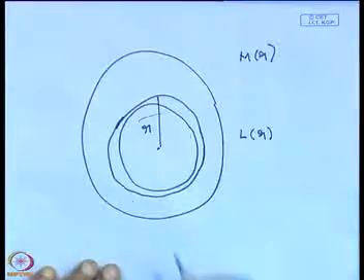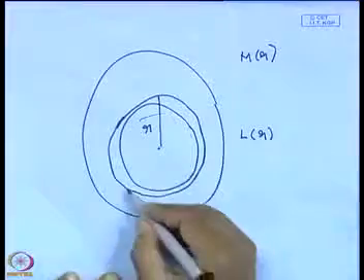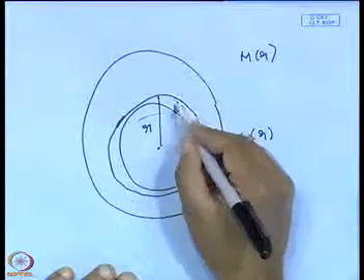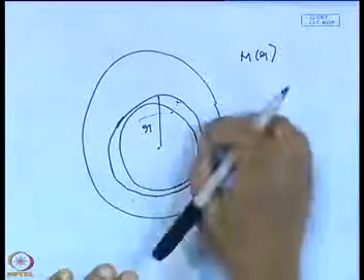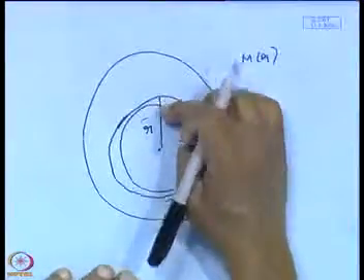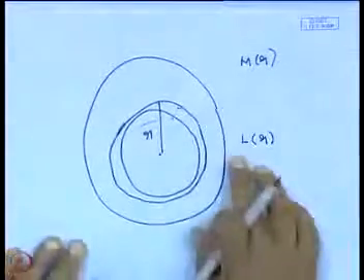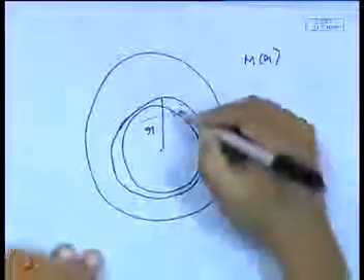Okay. And the luminosity at a distance r plus delta r is L of r plus delta r. So, let us just calculate the difference in energy flux between here and here. The difference in luminosity is the total radiation coming out from this surface.